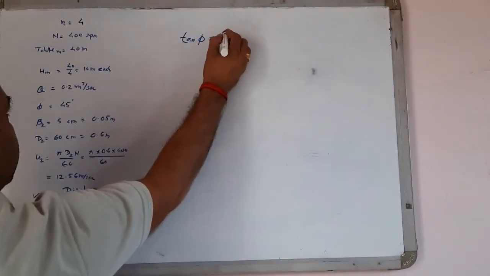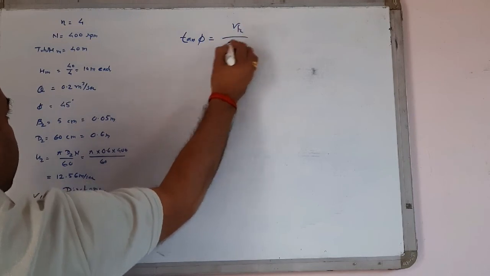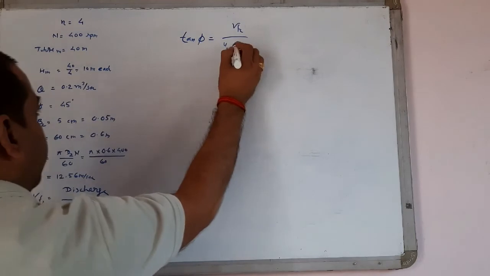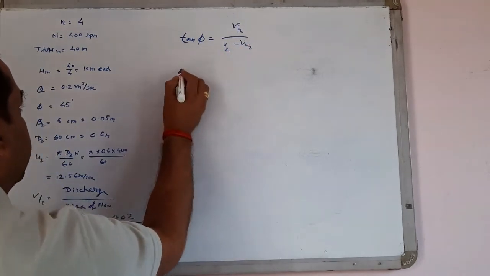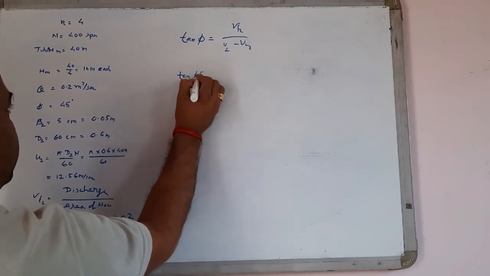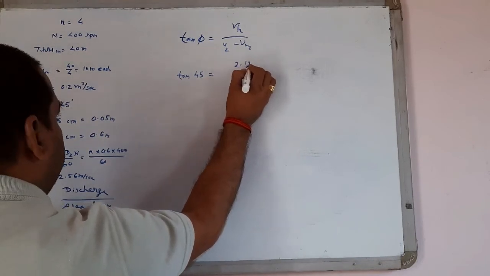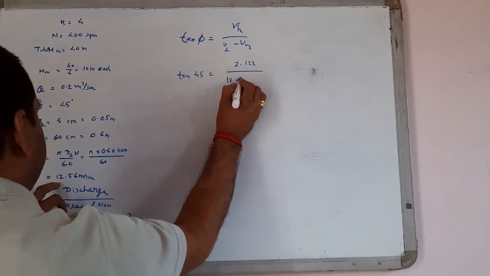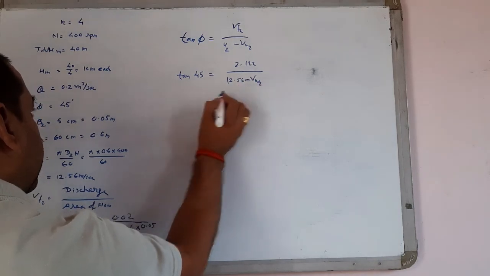Now from the velocity triangle at outlet, tan phi equal to VF2 by U2 minus VW2. So tan 45 equal to VF2 is 2.122 by U2 is 12.56 minus VW2.